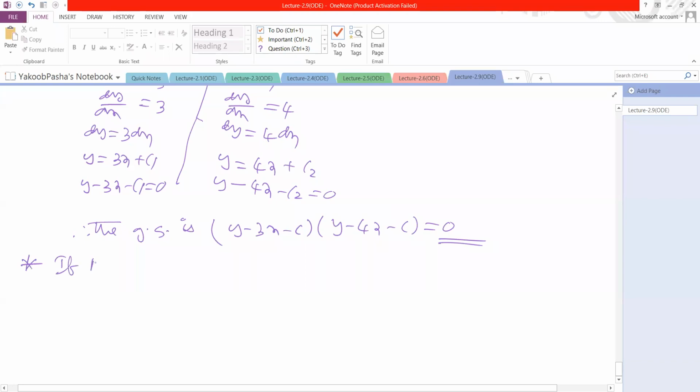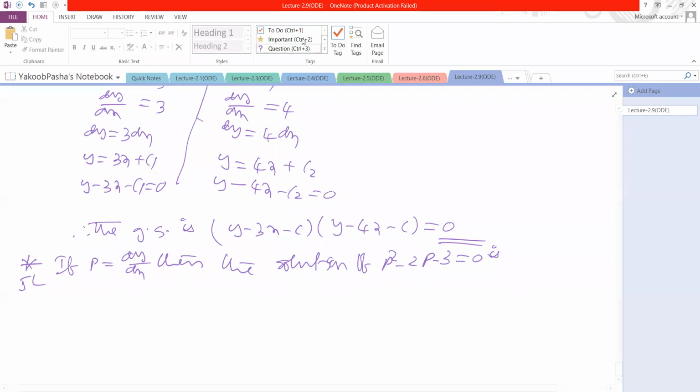If p equal to dy by dx, then the solution of p square minus 2p minus 3 is equal to 0. This is the problem. Now you can do the problem and put your answer in the chat box. Make it fast.